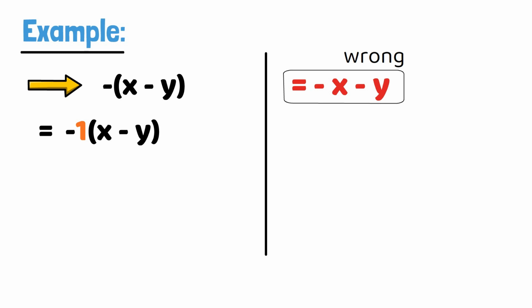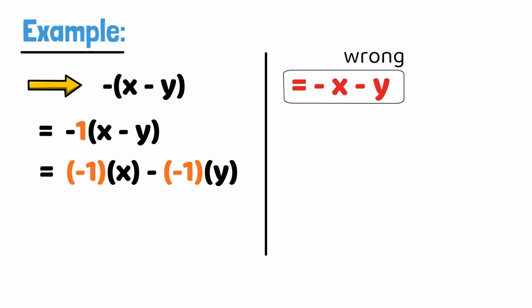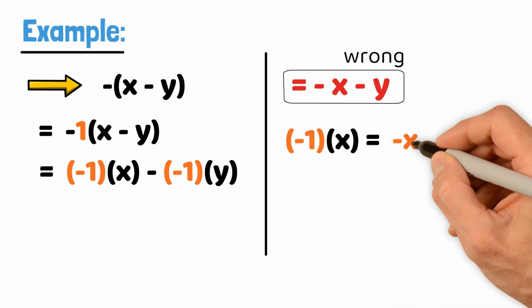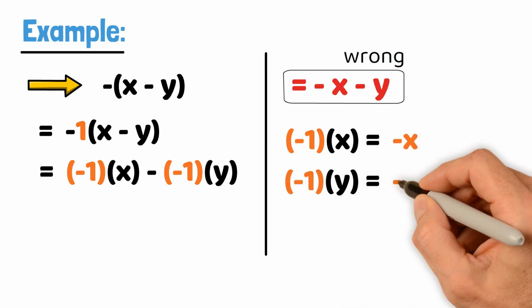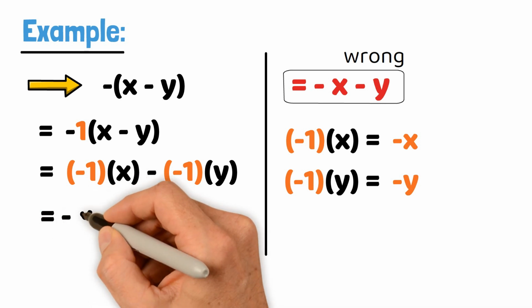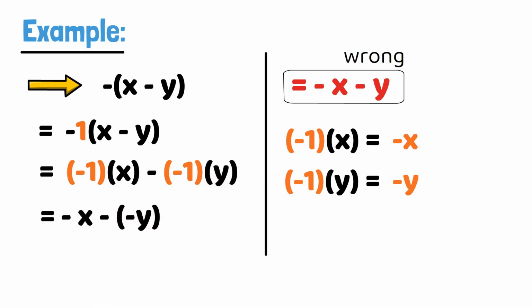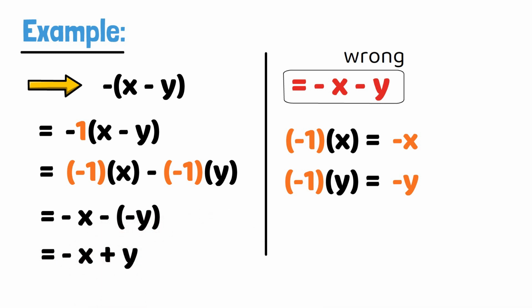Now open the parentheses by the distributive law: negative 1 times x, and negative 1 times y. The first term, negative 1 times x, is negative x. The second term, negative 1 times y, is negative y. However, since there's a minus connecting the two terms, we get negative x minus negative y, or negative x plus y, because of the double negative.